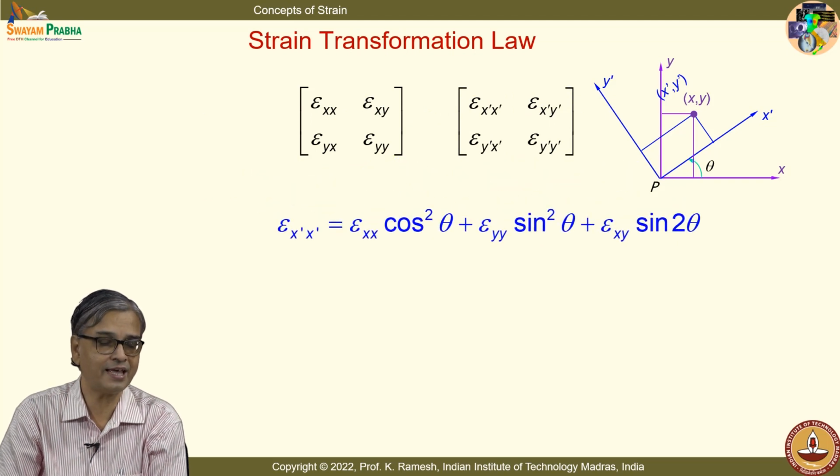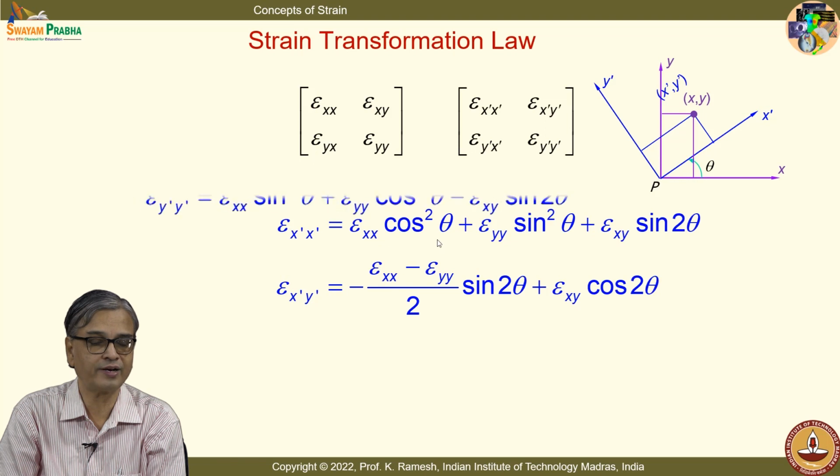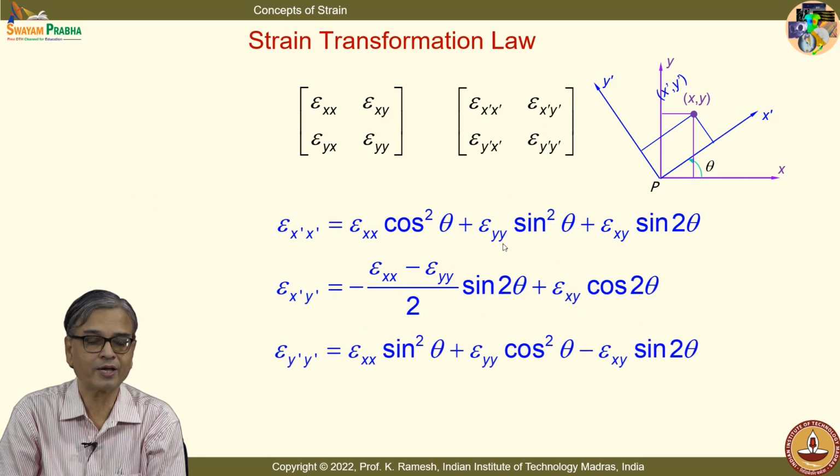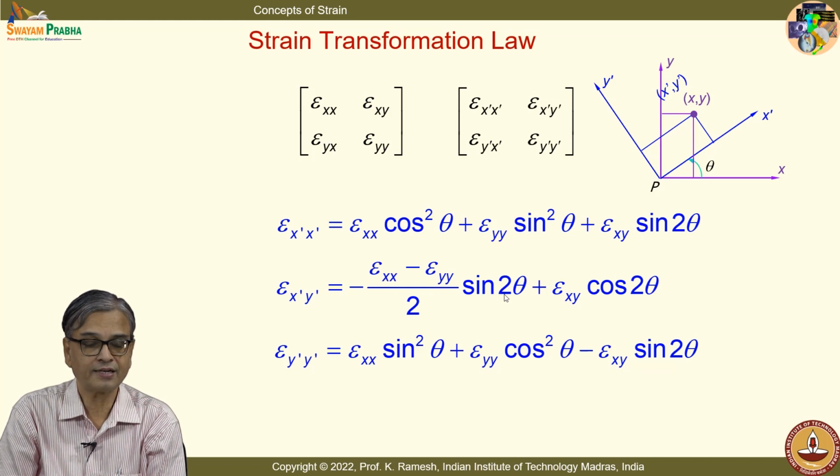So, epsilon x prime is epsilon xx cos squared theta plus epsilon yy sin squared theta plus epsilon xy sin 2 theta, and epsilon x prime y prime is equal to minus epsilon xx minus epsilon yy divided by 2 times sin 2 theta plus epsilon xy cos 2 theta.